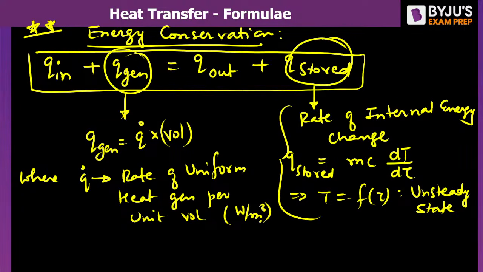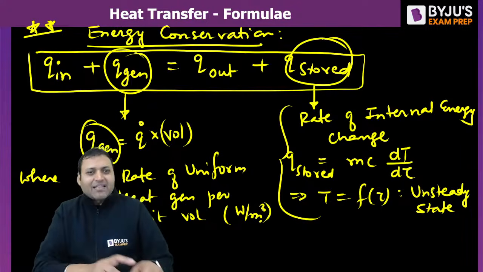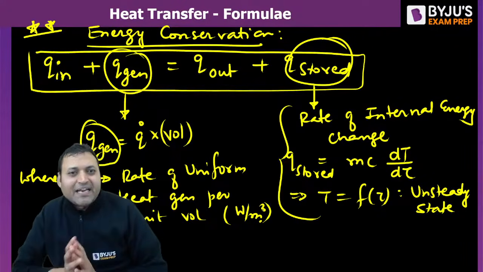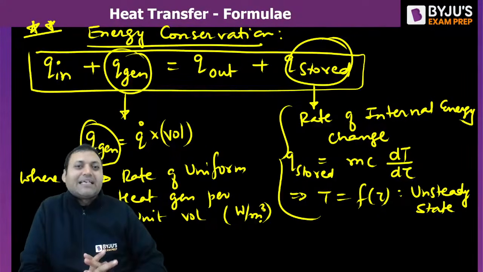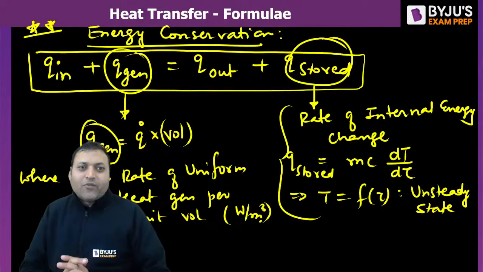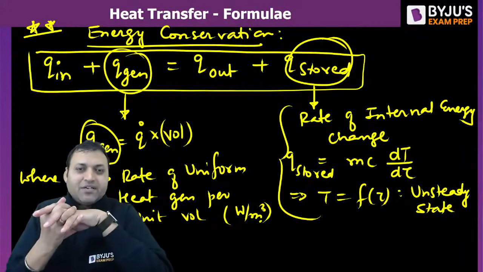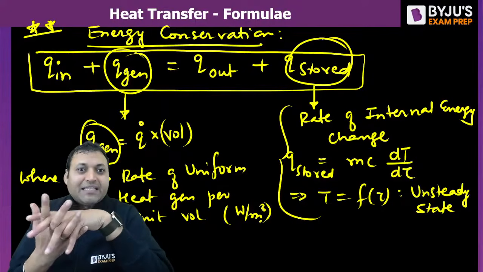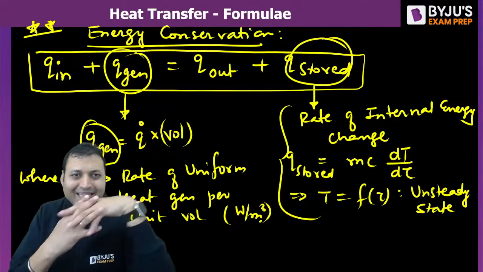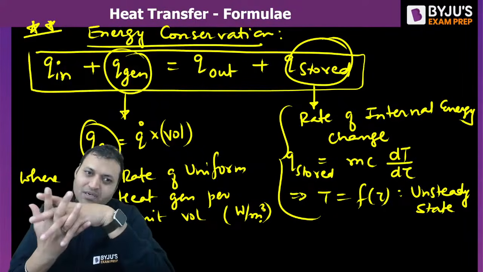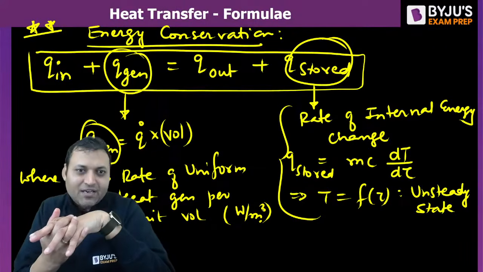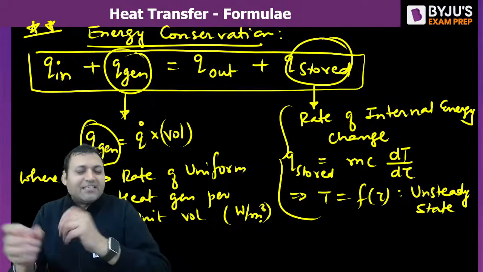All right. Clear? What is heat generation? When some other form of energy gets converted into heat energy in the system, it is known as heat generation. For example, electrical energy getting converted into heat energy is called Joule's heating. When current flows, the system gets heated because of conversion of electrical energy into heat energy.